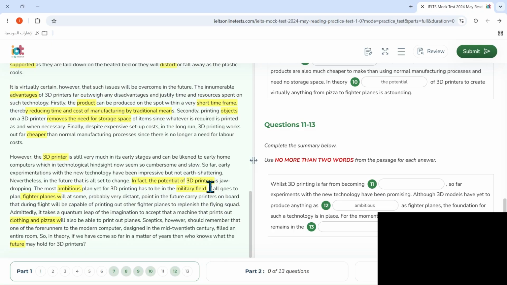Early experimentation with the new technology has been impressive.